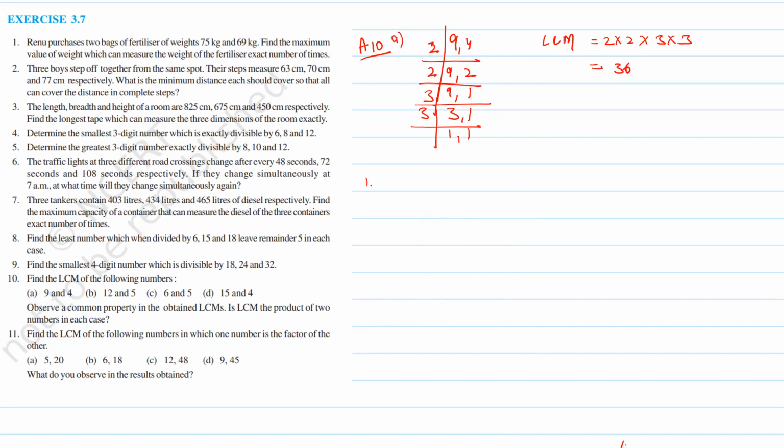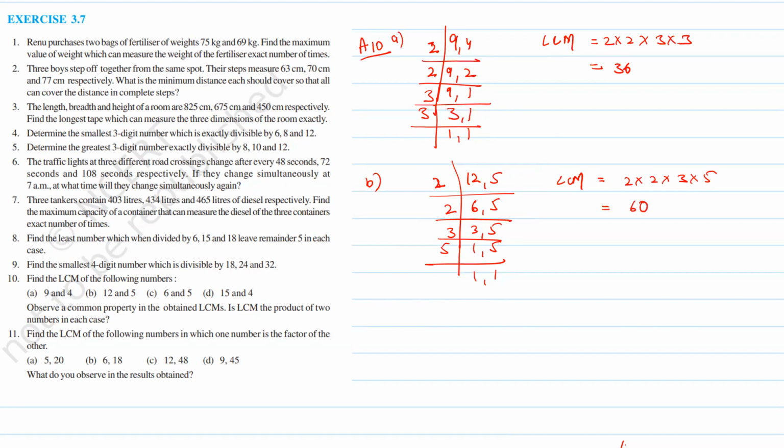A part. B part, 12 and 5. 2, 6, 2, 3, 3, 1 and 5. So LCM is 2 into 2 into 3 into 5, which is 60.